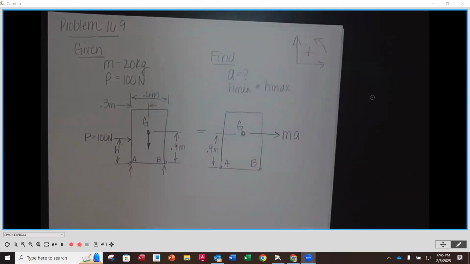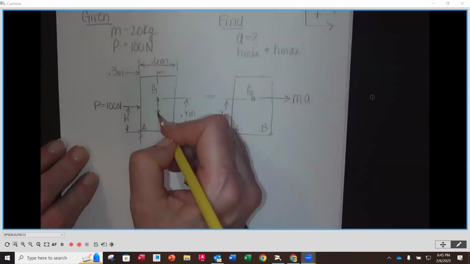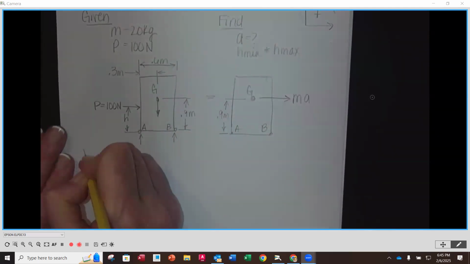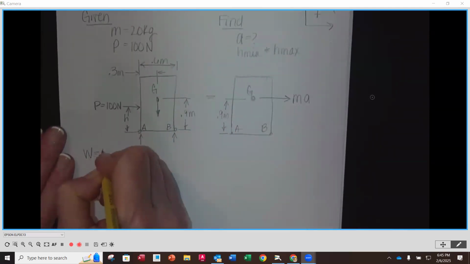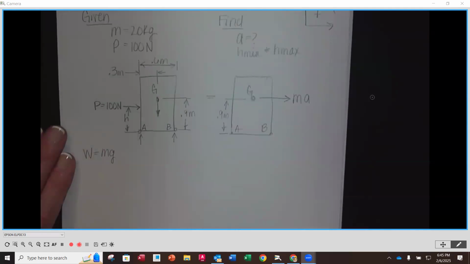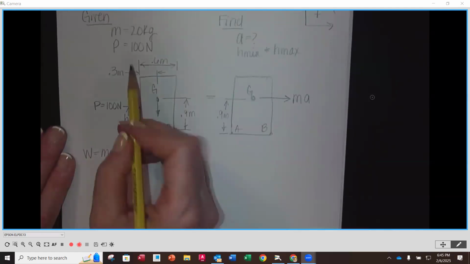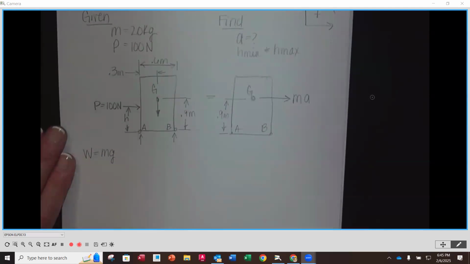Now let's calculate that weight right away, because that's going to be the force coming down here. So our weight, we know, is mass times gravity. We were given the mass as 20 kilograms. Remember, mass units are always kilograms. So if we see kilograms, it's a scalar unit. We don't represent it with a vector. So it has to be a force.